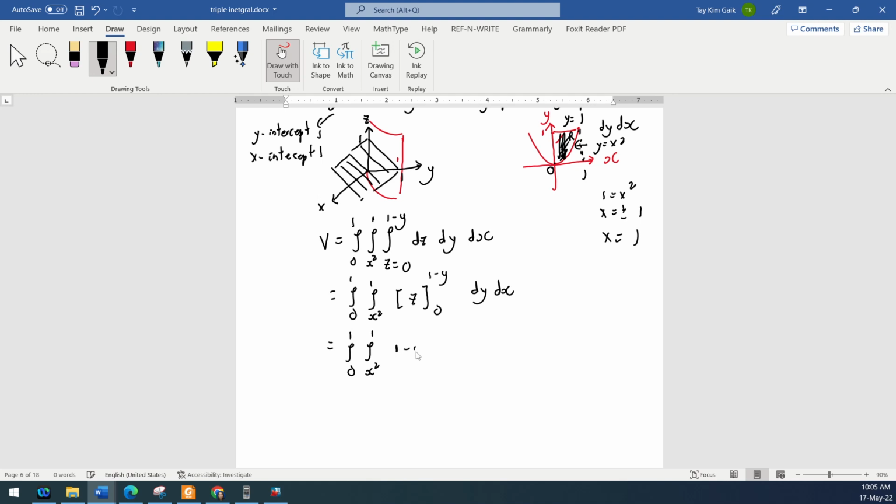So 1 minus y, because when you plug in 0, you get 0. So integrate with respect to y. Integrate 1, you have y. Integrate y is y squared over 2. Limit from x squared until 1, dx.